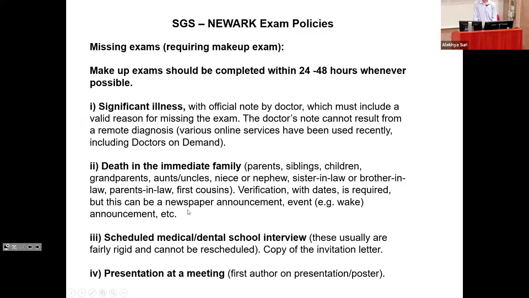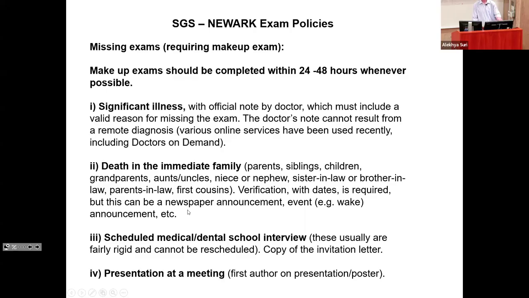This is just to remind you that a makeup exam is only possible with these specific situations. We were approached by people with all kinds of reasons to postpone the exams. This will not be possible. Okay, so there's only significant illness. You need to provide a doctor's note.